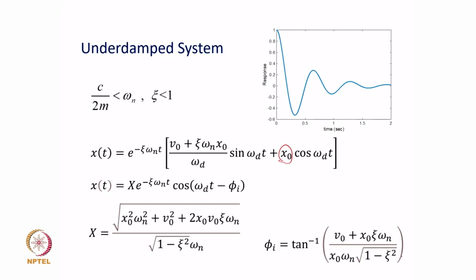Getting this expression is straightforward. The expression for capital X is given by this. Again, you can see that it is dependent on the initial conditions, and typical response would look like this. Okay. So, that is basically your underdamped vibratory system response.